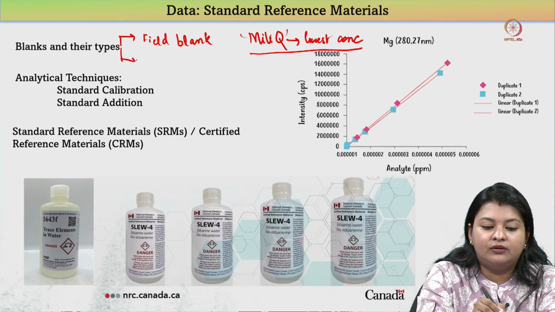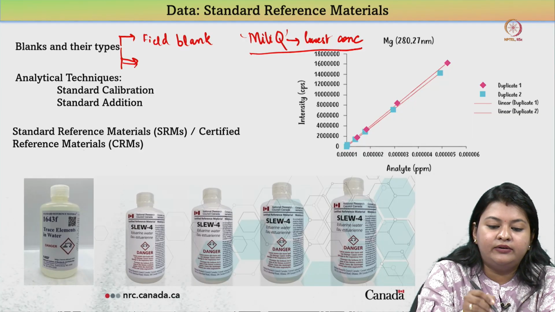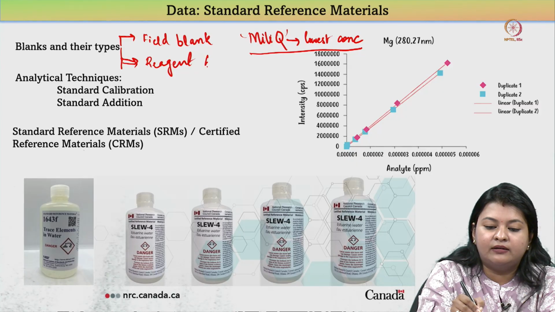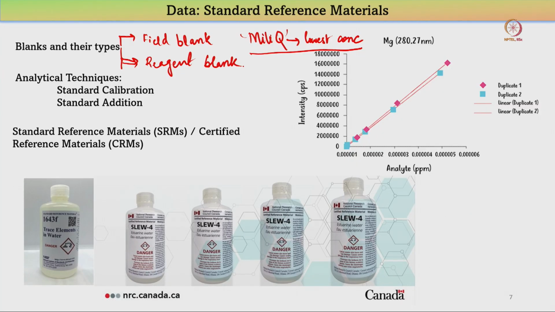Then there is something called the reagent blank. What is the reagent blank? When you are using an acid, or water for different kinds of processes, they themselves might add certain solutes. Say, for instance, your analytes you are going to measure are sodium, magnesium, potassium, calcium.